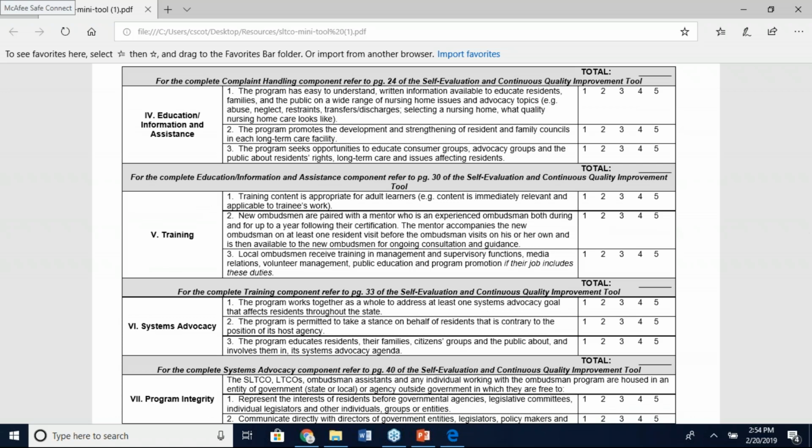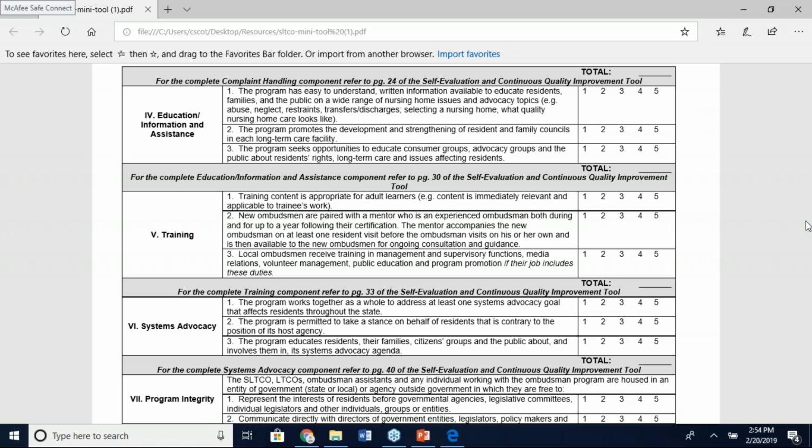So we've had a brochure that was very old and had a lot of misinformation on it. We don't have individual publications for abuse, neglect, other advocacy topics, transfer, discharge, and the state ombudsman has not been able to be out educating due to staff shortages.